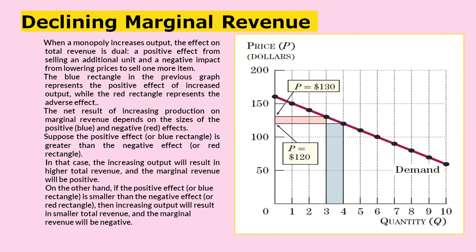On the other hand, if the positive effect, or blue rectangle, is smaller than the negative effect, or red rectangle, then increasing output will result in a smaller total revenue and the marginal revenue will be negative.